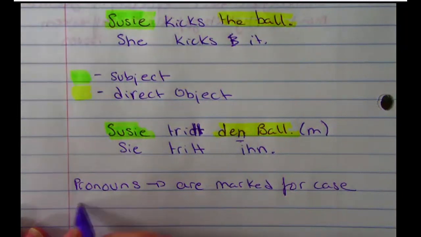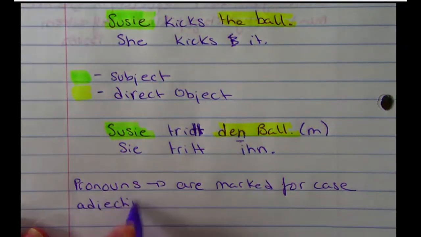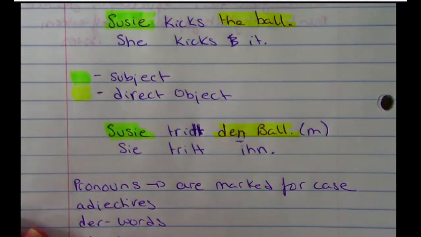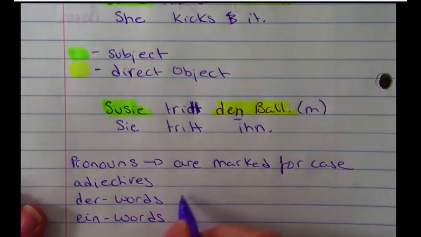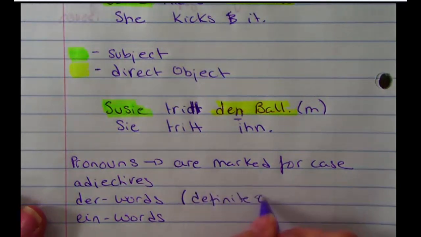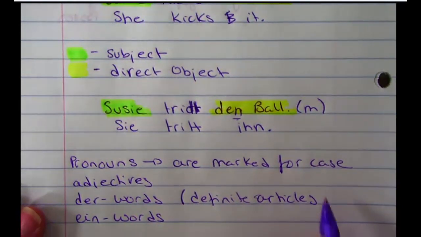Okay, adjectives are marked for case, and what I call der words and ein words are marked for case. So der words, just to clarify what that is, are your definite articles. So der, die, das, those words.